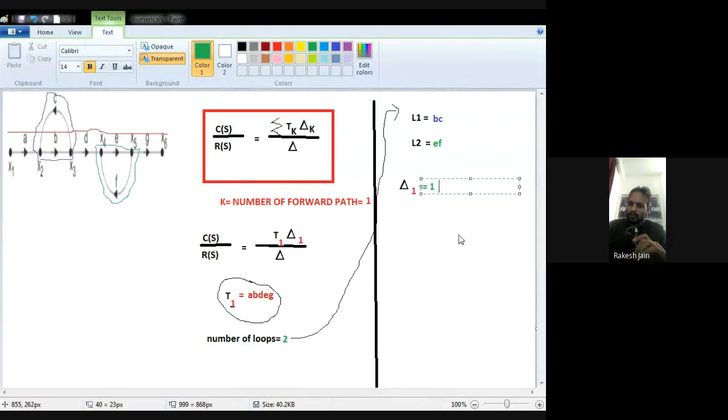I just write down for your remembrance in brackets, because both loops touch the first forward path.